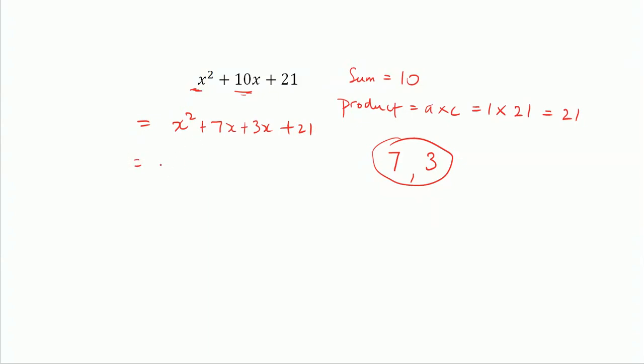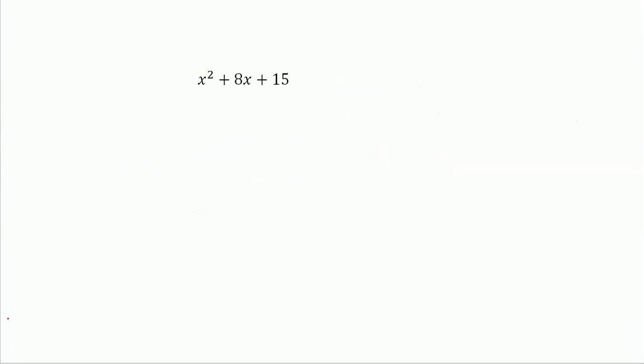If we look at the first two terms, we can extract x, and this will be x plus 7, plus 3 times x plus 7, in which case we have a common factor of x plus 7, so we write x plus 7 times x plus 3. Right? Seems straightforward enough until we get some more difficult expressions.